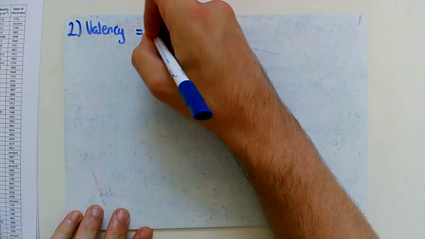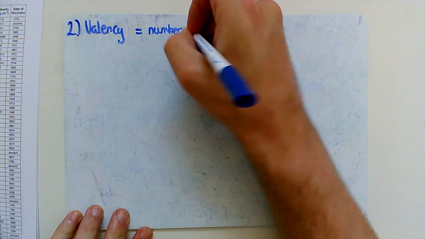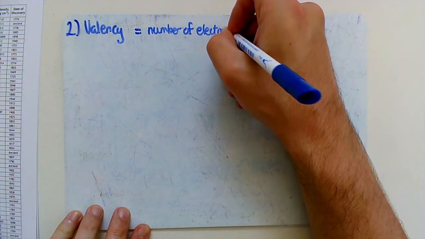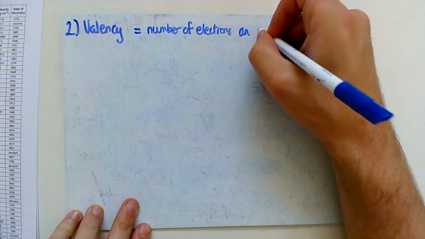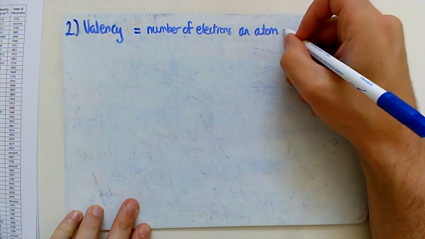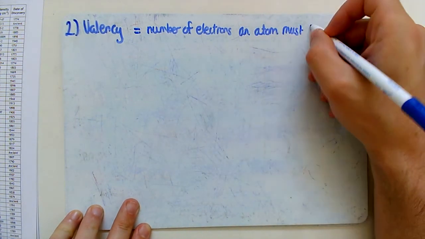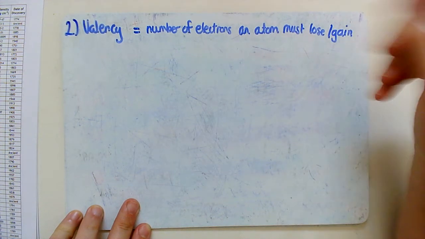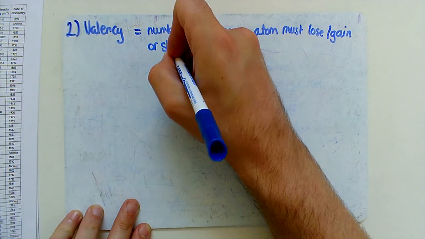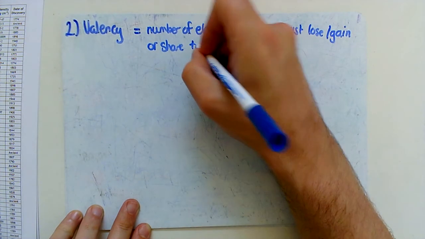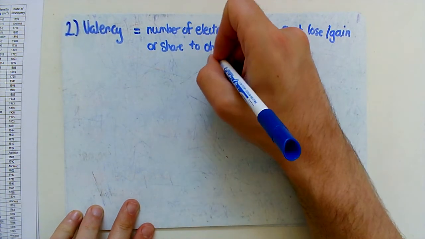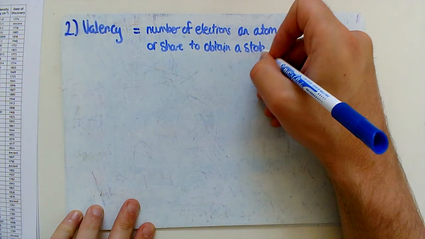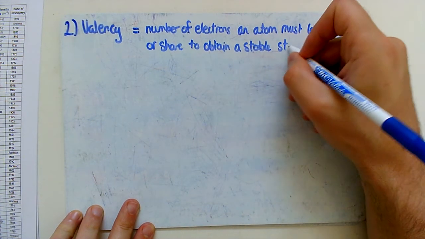What valency means is the number of electrons an atom must lose, gain, or share to obtain a stable structure.